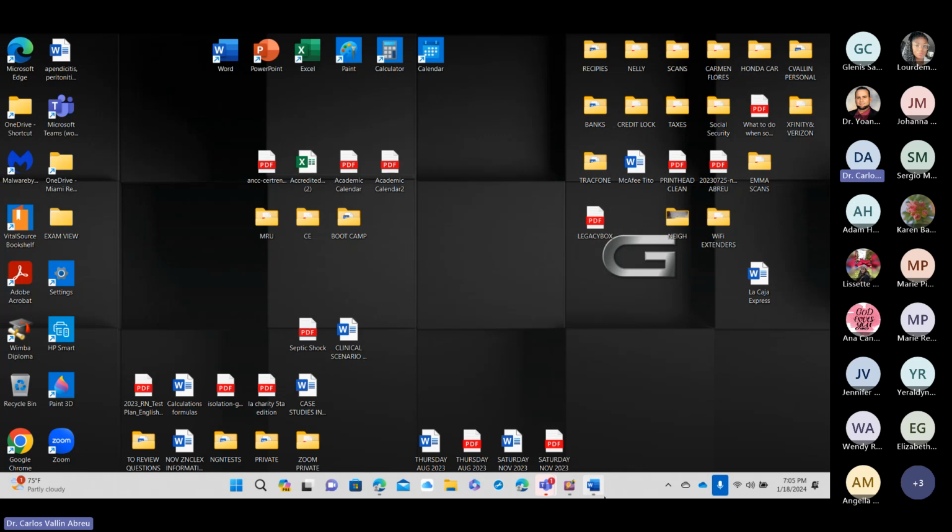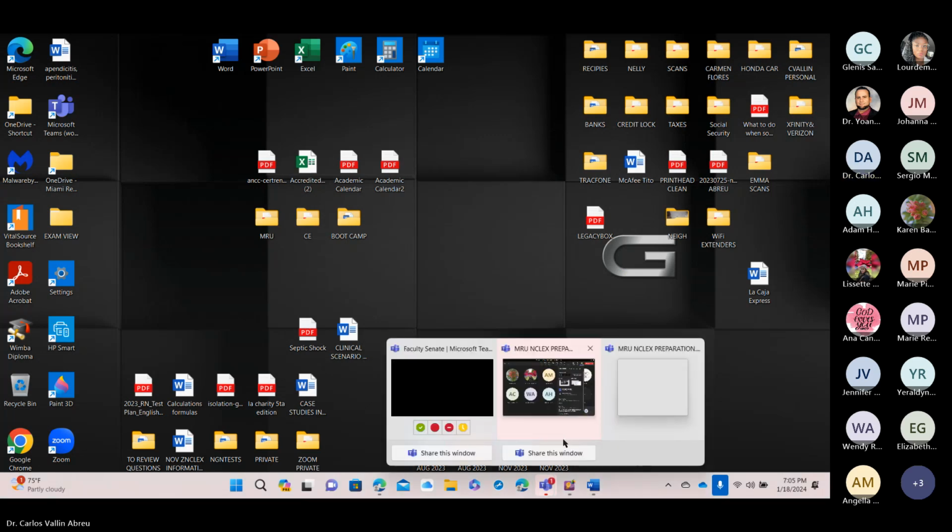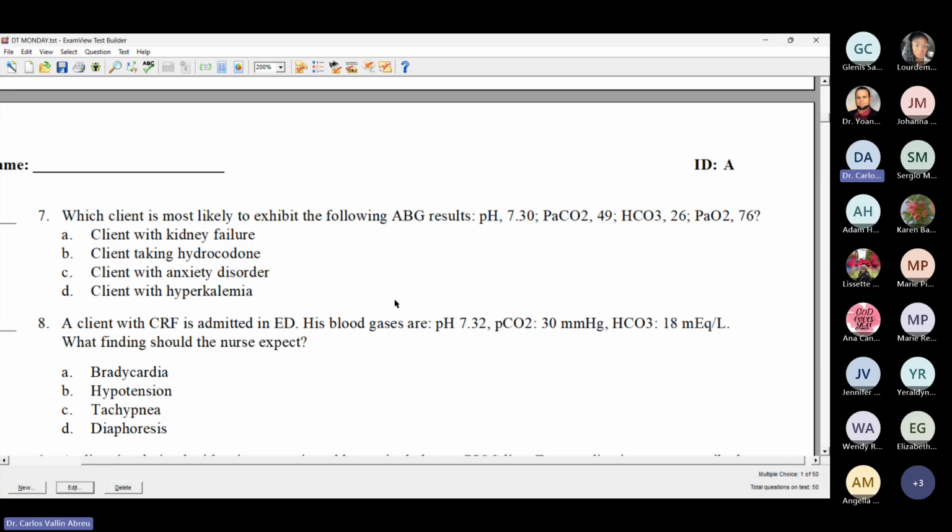So returning to the question, my option, and also bicarb is normal and the oxygen is low. So obviously it's a respiratory problem. So the options are client with kidney failure.